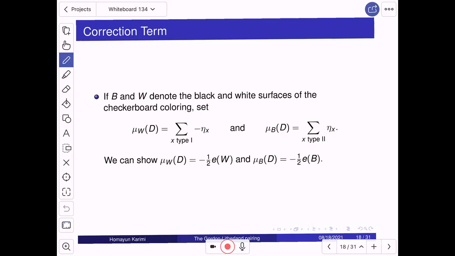For these particular spanning surfaces, if you add the negative of all the incidence numbers over all the crossings which are type 1 and call it mu, and do the same thing for the black surface, taking the sum over the incidence numbers of all the crossings which are type 2, then you can show that this mu for the white surface is -1/2 of the correction term that we had before, also for the black surface.